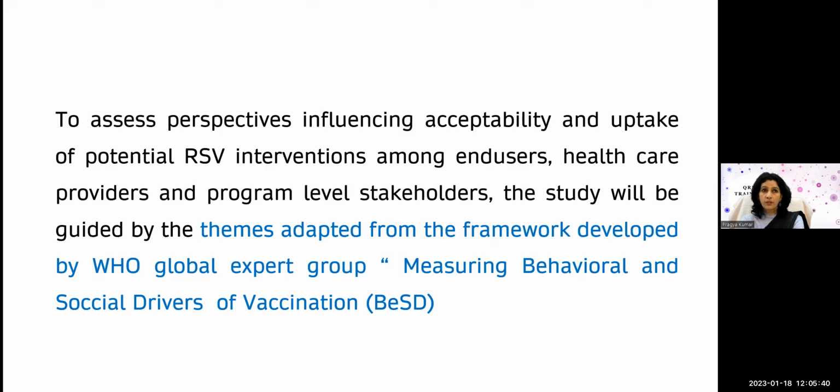The purpose statement was to assess the perspectives influencing the acceptability and uptake of potential RSV interventions among the end users, healthcare providers, and program level stakeholders. The study was guided by themes adapted from the framework developed by the WHO Global Expert Group, measuring behavior and the social drivers of vaccination.